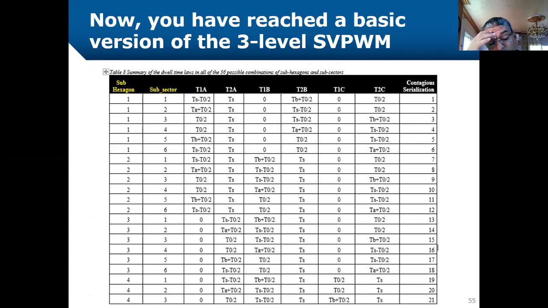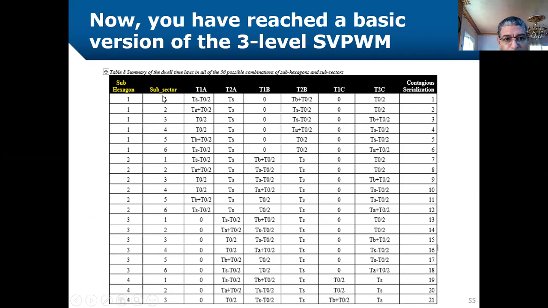Okay, if you repeat this for the 6 sub-hexa and the 6 sectors in each sub-hexa, you get a table like this one. In this table, you have the dwell time, and if you divide this dwell time by TS, then you get the duty ratio, which is required to drive the pulse width modulation channels in a DSP.